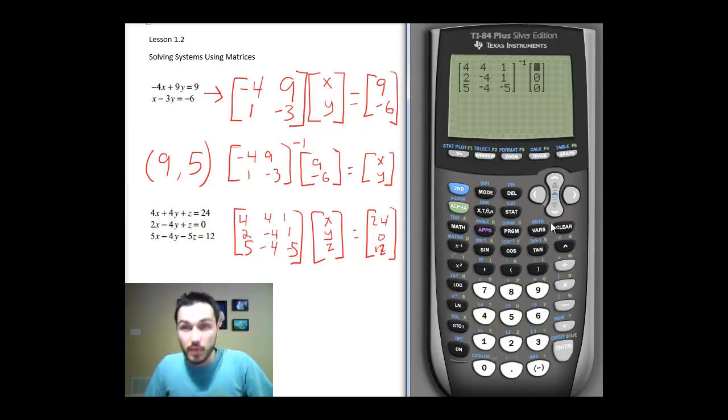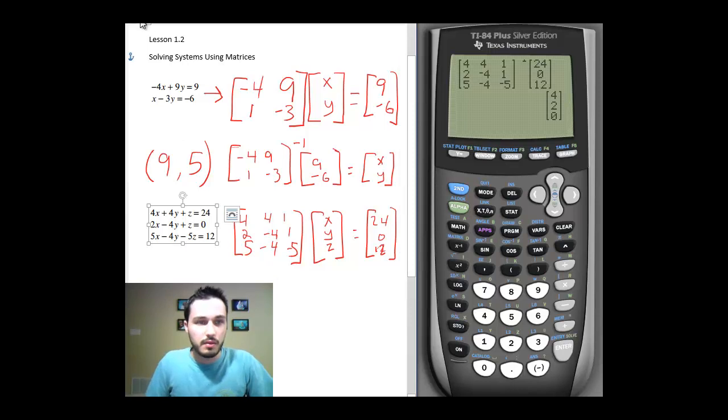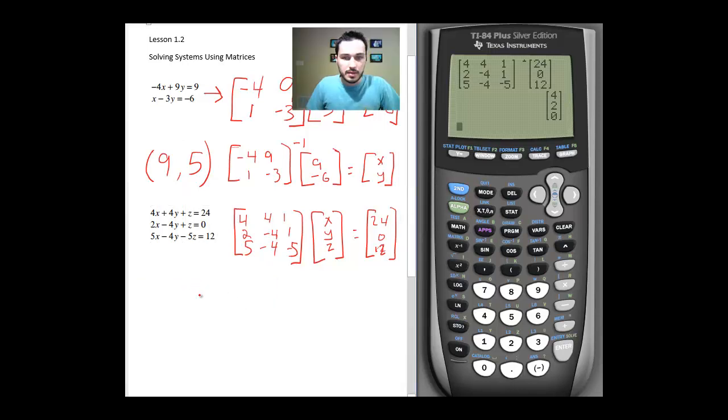If it was going sideways or something like that, I would know I was doing it wrong and I'd have to retype it. So I'm going to put in my numbers, 24, 0, 12, okay. Hit enter, and boom.